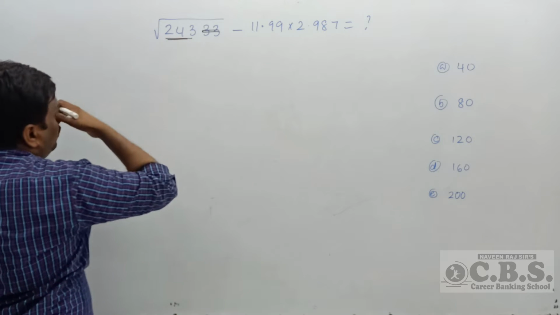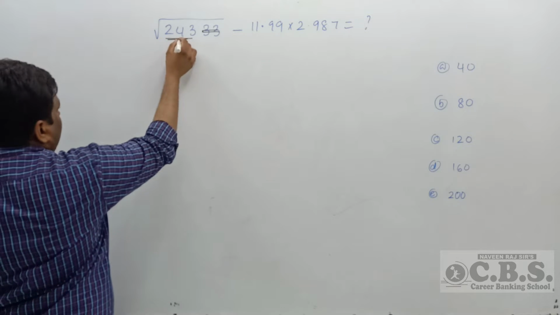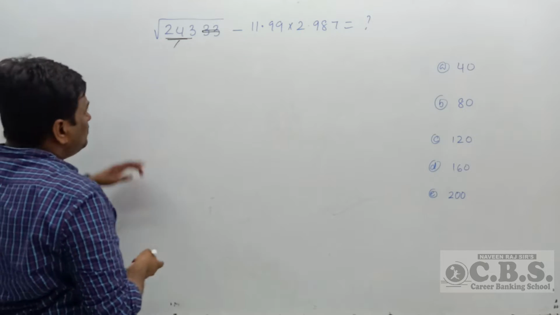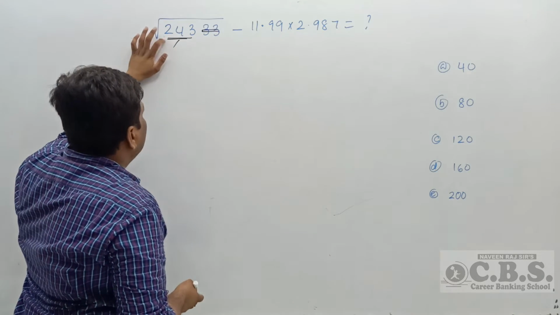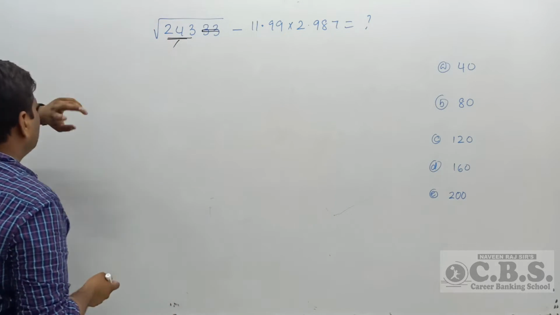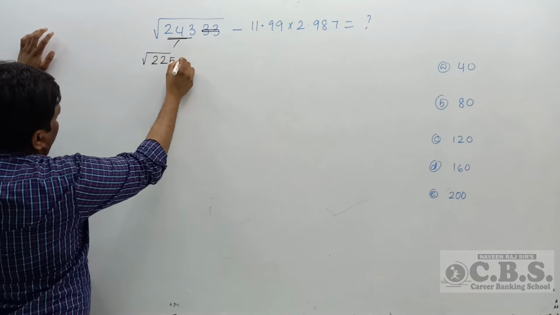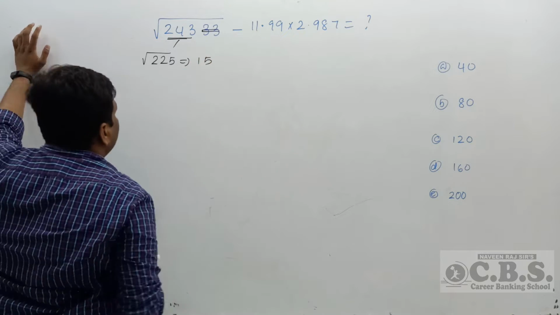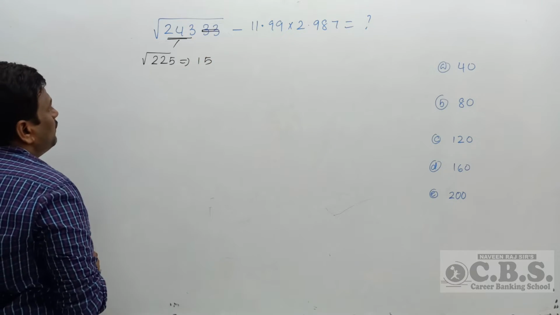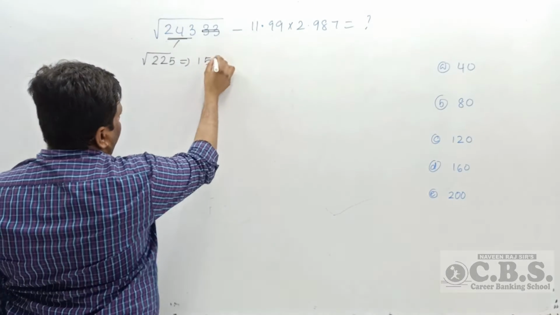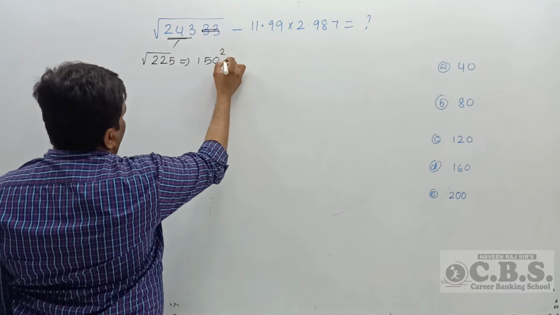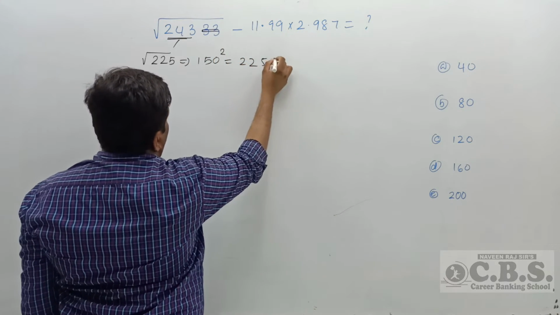So when I go for 243, take the square root of this number. So you can find a value near the square root of 243. What is the near square root value? It is 225. So 225 is nothing but what? 15. Okay, get my point? So 15 is the starting value, it is 150. 150 whole square is 22500.